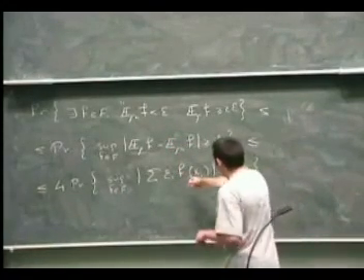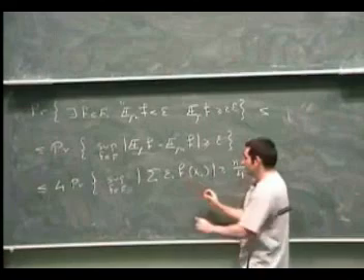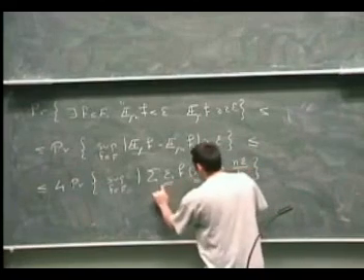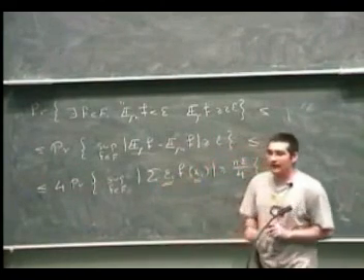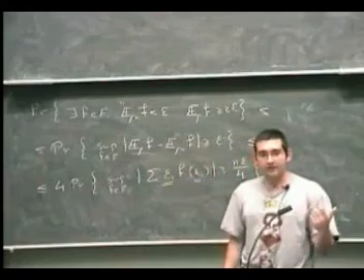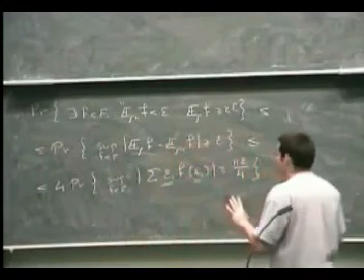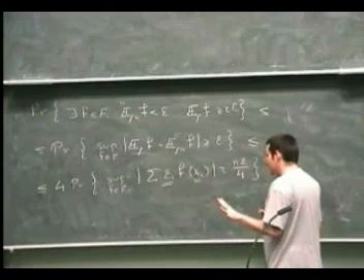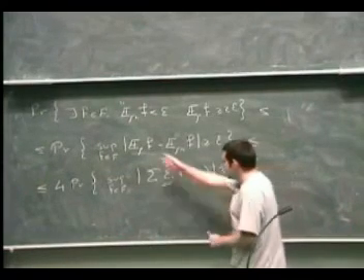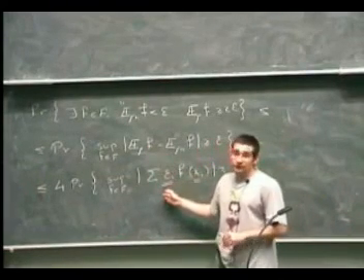But here you have 2 sources of randomness. One is this, and the other one is this, where the epsilon i's are independent, symmetric, -1, 1 valued random variables. So you have 2 different sources of randomness. On one hand, we gain something, on the other hand, we seem to have lost something.